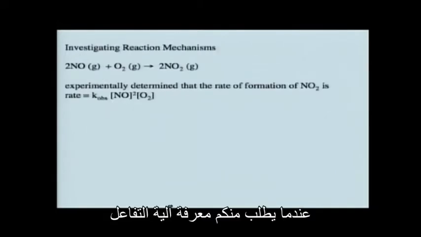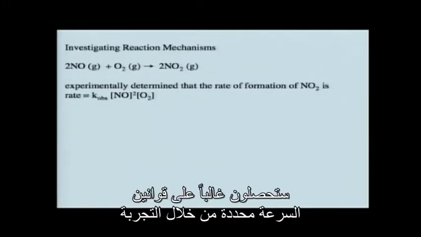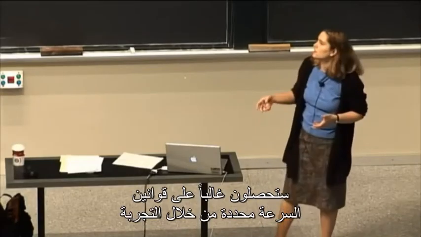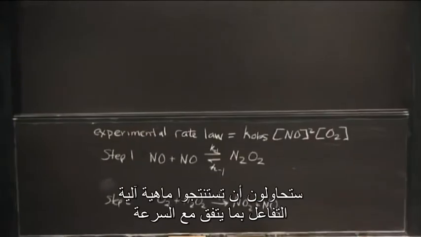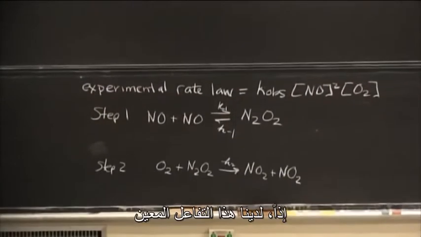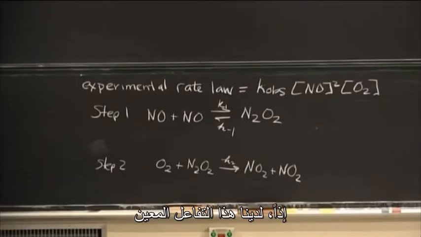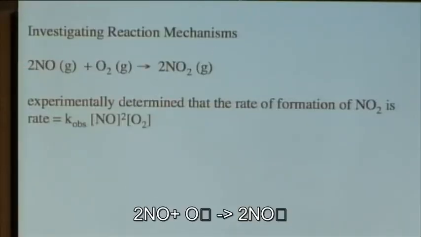When you're investigating reaction mechanisms, you often will have an experimentally determined rate law. And then you want to try to come up with a mechanism that's consistent with that rate law. So for this particular reaction, 2 NO plus O2 going to 2 NO2 gas.